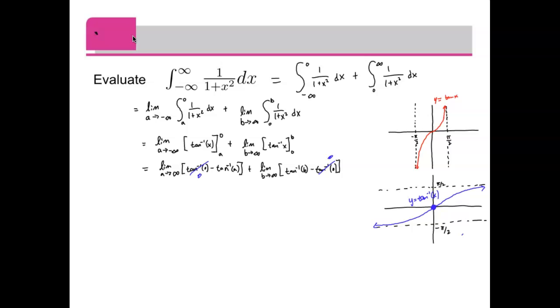All right, so what I actually have is the limit as a approaches negative infinity of negative inverse tan a, plus the limit as b approaches positive infinity of inverse tan of b. So now let's go to our graph of inverse tan again. As our x values approach negative infinity, what do the y values of inverse tan approach?